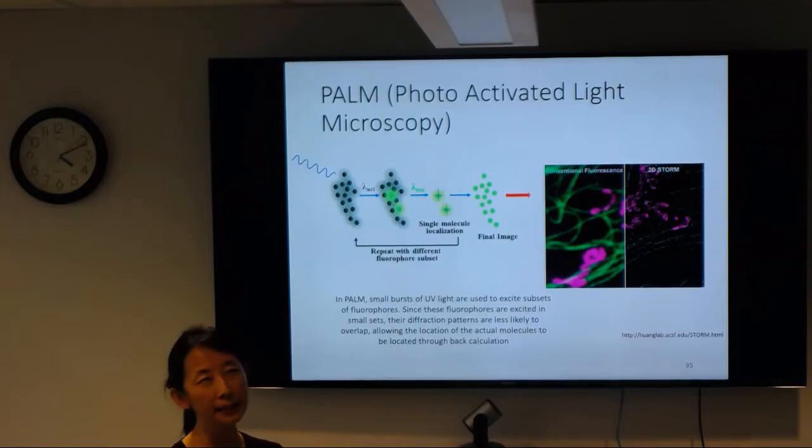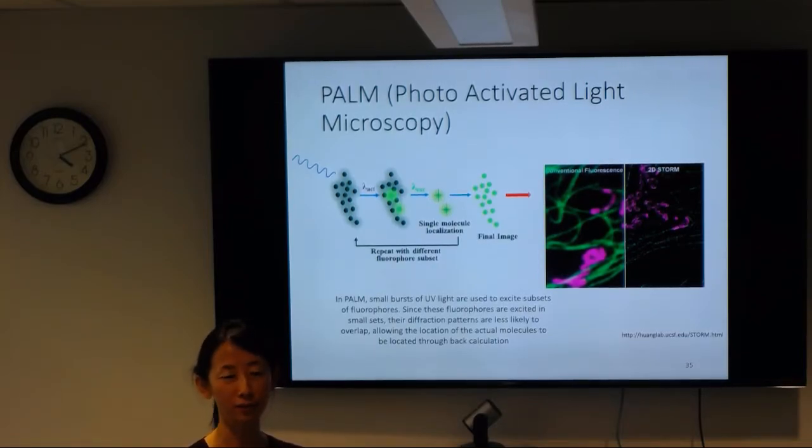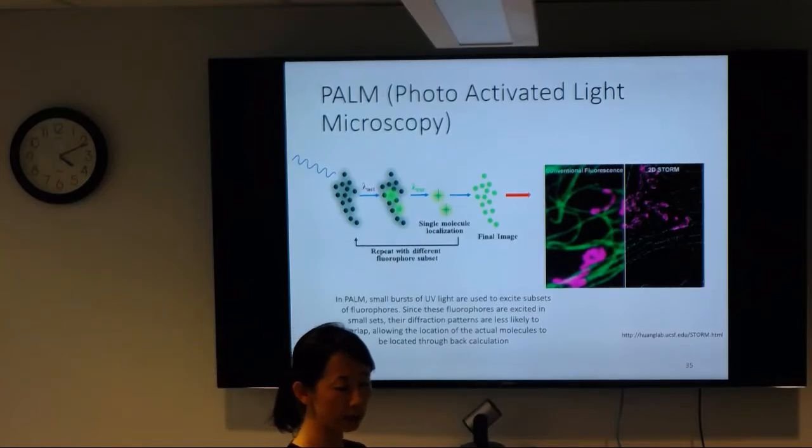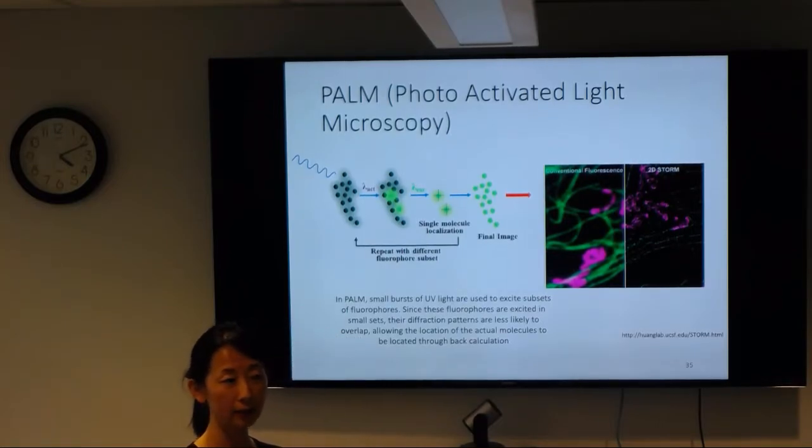PALM is basically a sequential activation of a small subset of your fluorophores at a given time. Because only a very small subset is activated at each time point, the chance of the signals overlapping will be very low.